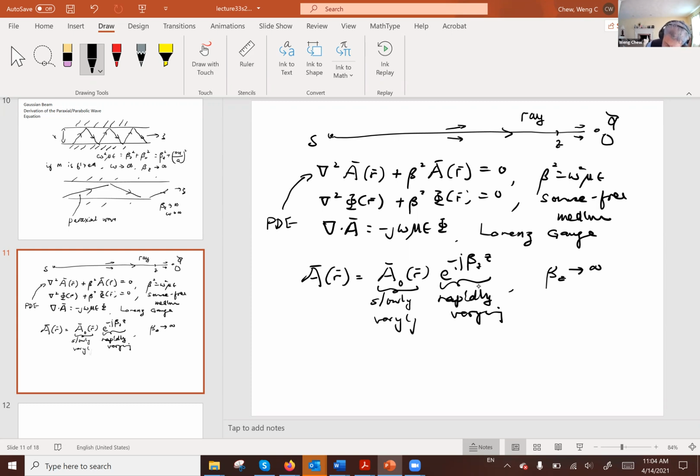Slowly varying, and then you can think of this as a wave propagating in this direction with its phase changing mainly in the z direction, but very little change in the other directions, which means that the light rays are all almost parallel to the z-axis. Okay, so if this is the case, then let's see what kind of approximations can be done.